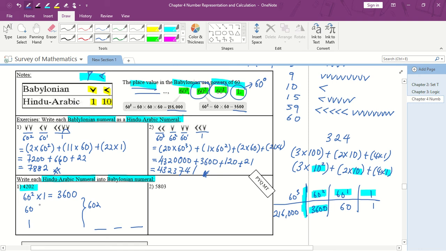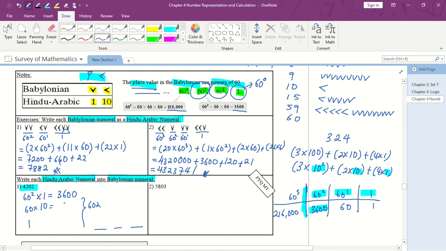And now what you need to do is use 602 divided by 60 and see what you get. 602 divided by 60, and you will get 10.033333, which means that I need to have at least 10 times 60 here.